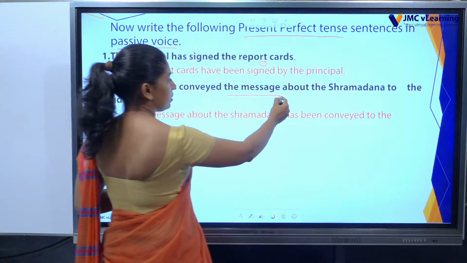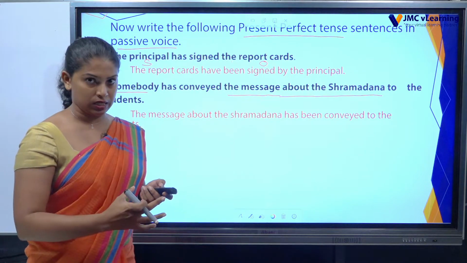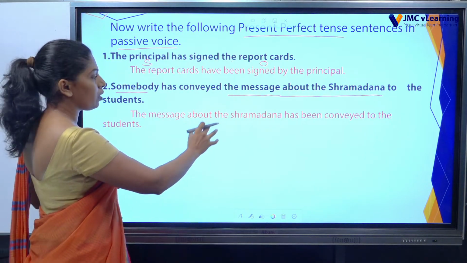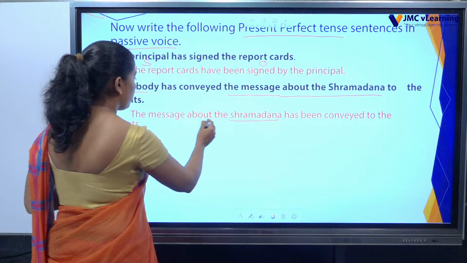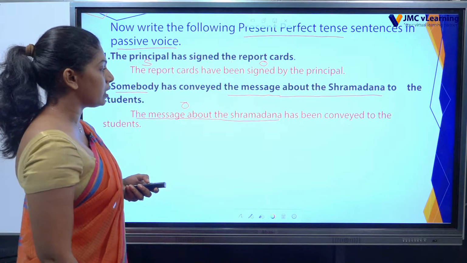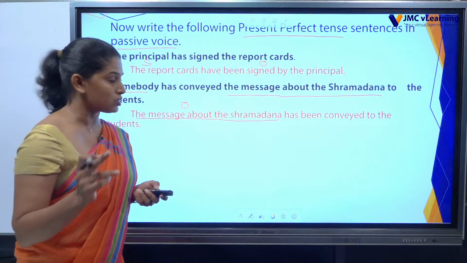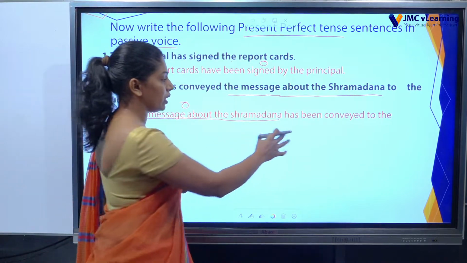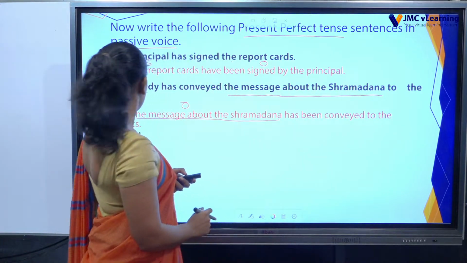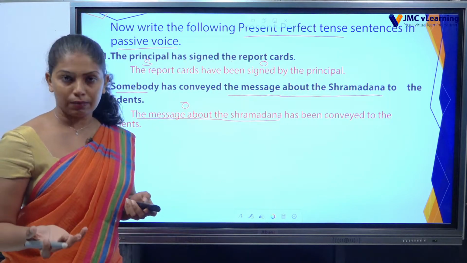The message about the Shramadana, the whole part, is the object here. That is one thing, a message. So the message about the Shramadana has been conveyed to the students. No need to write by somebody. We can skip that part.